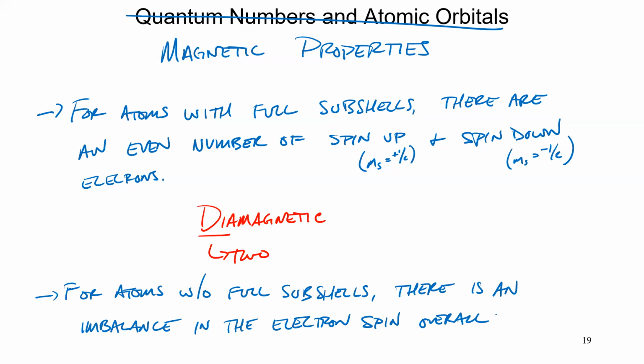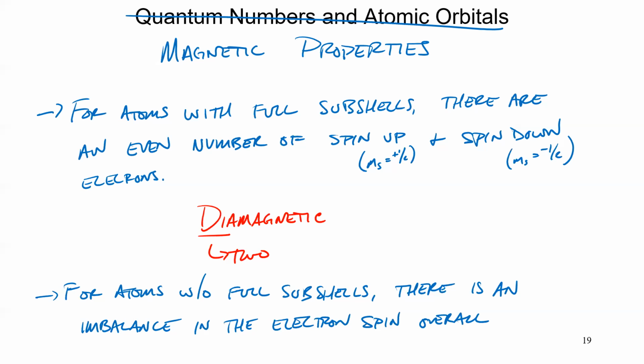Okay, so let's say we have sodium, for example. Sodium has 11 electrons, and so that means that sodium has 5 electrons with spin down and 6 electrons with a spin up.